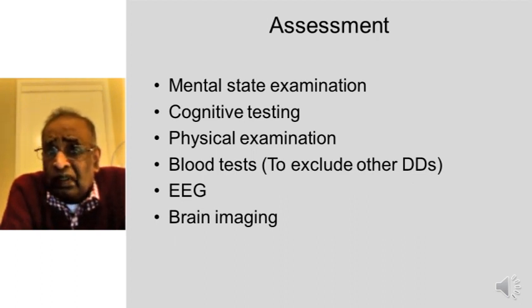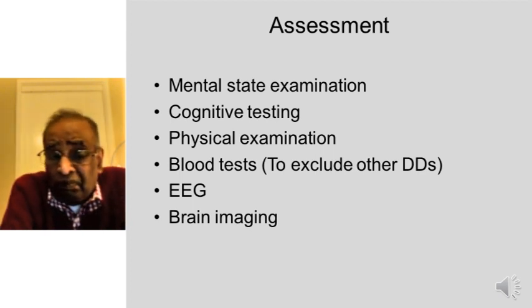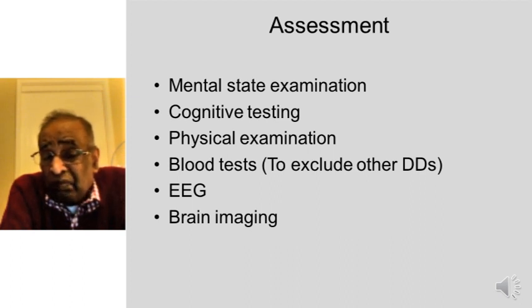Assessment should include a mental examination with neurological examination as well, cognitive testing, physical examination, blood tests, EEG and brain imaging. EEG may show some slowing. Brain imaging might show the abnormal atrophy changes in the brain.